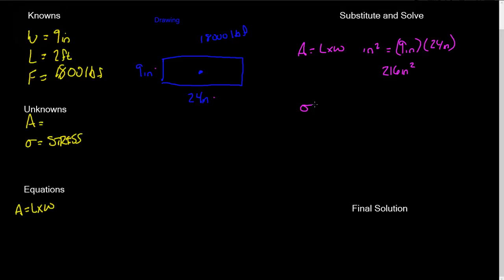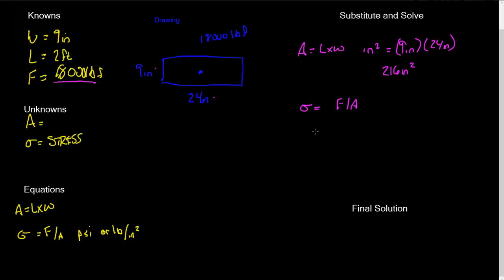Now we know that our sigma here is also going to equal the force divided by the area. And that is one of our equations that we pulled off of our sheet. So stress equals the force divided by the area. And I'm going to put the units here, PSI, or pounds per inch squared. So our force right now, which was given, is 18,000 pounds, not 1,800 pounds, sorry, 18,000 pounds. There it is.